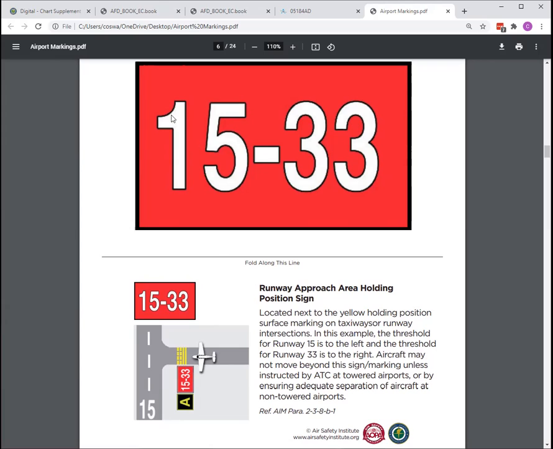And it'll tell you the runway headings that go with that runway. So this is runway 15/33. It also tells us which way the runway runs. So on the left is the starting point of runway 15, and on the right is the starting point of runway 33. And you can see that down here in that diagram.